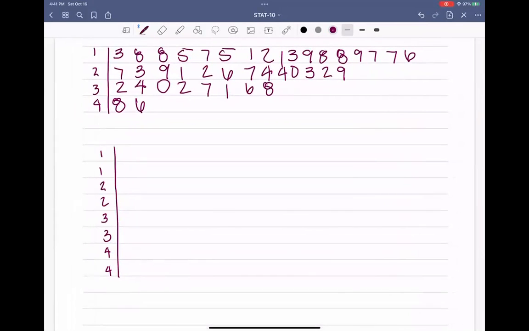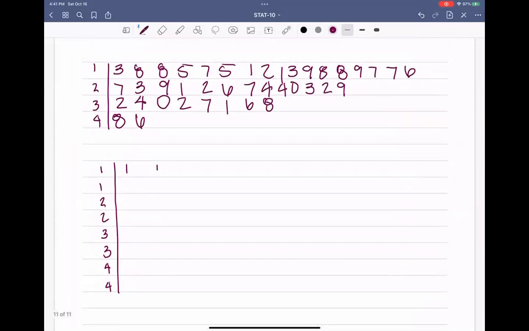So from here, let's look at all the values from 0 through 4, and then 5 through 9. So 0, do we have any zeros? No, but we have all the ones, 1, 1. And then 2s, we have 1, 2.